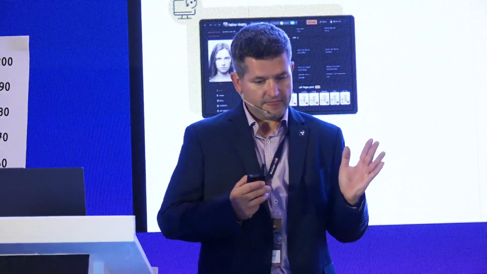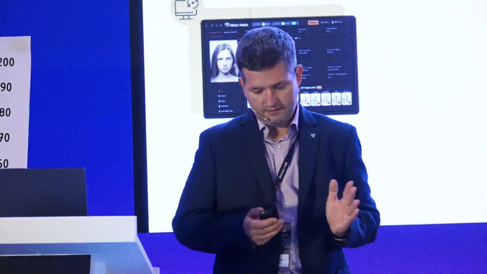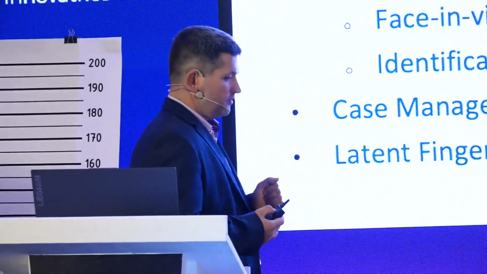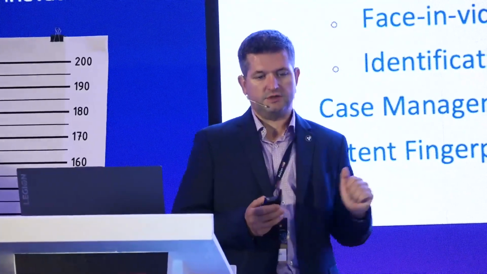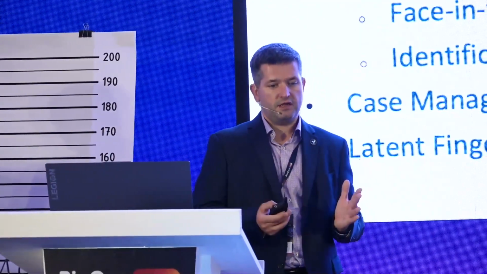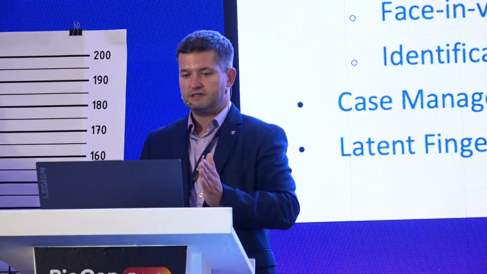For this domain, we have a dedicated solution which consists of multiple modules. The first module is criminal enrollment, or criminal booking, or suspect booking, as we call it. That's the module where we are able to enroll a criminal suspect into the system.